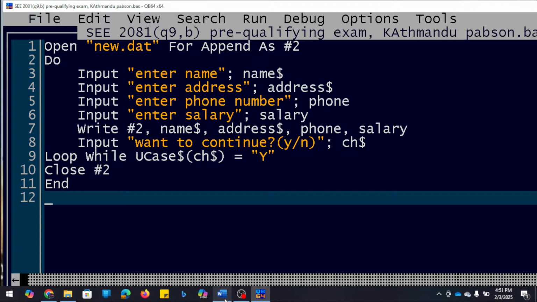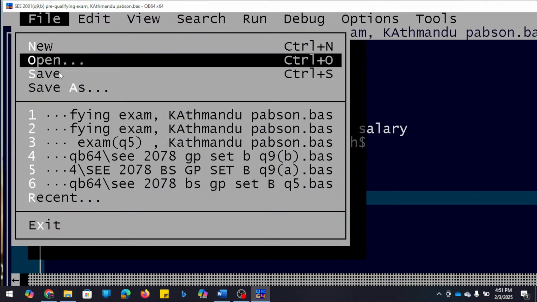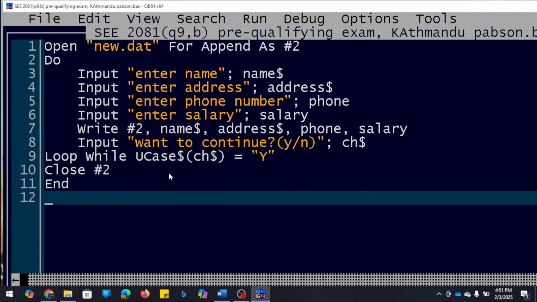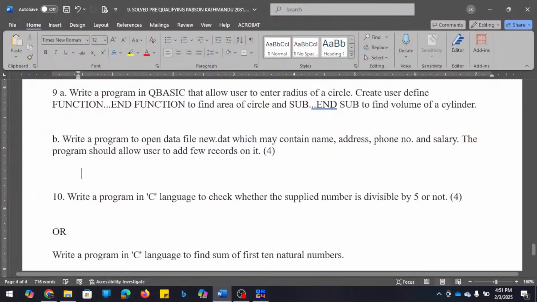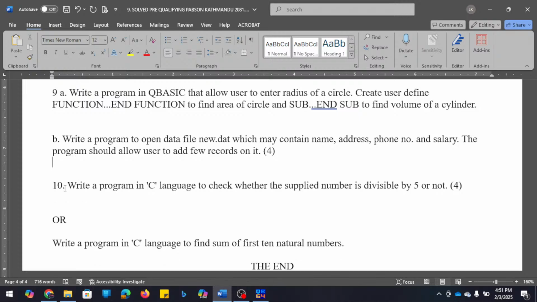So that's all. Nothing more we have to do here. It's a very simple program. We can write it very easily. So nothing more we have to do here. So this was number 9B. Now let's go for number 10.